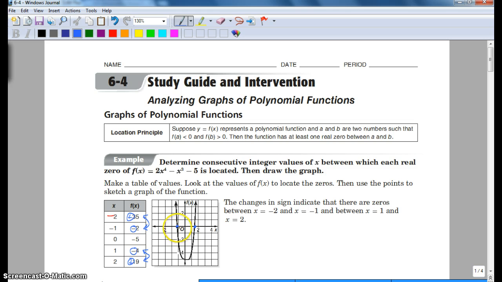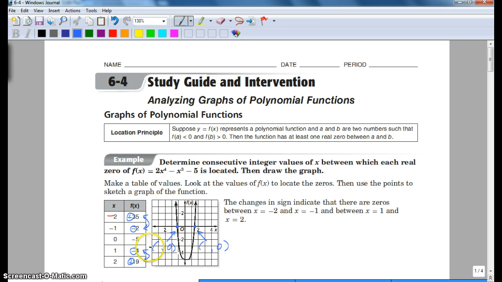So that value is sandwiched in between a positive and a negative. The actual y coordinate of that point is 0. Same with this particular point. It is also 0.